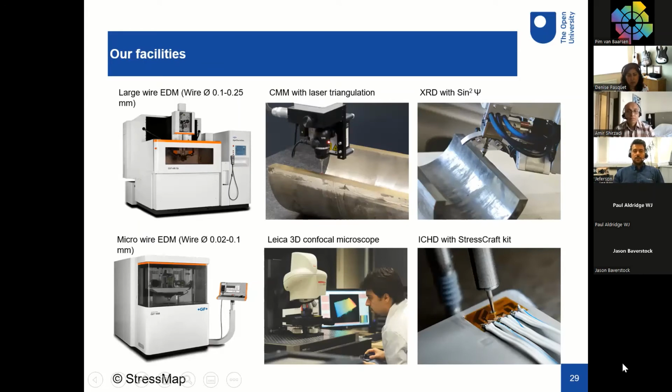And we have a CMM to measure the cut surfaces. We also have XRD measurement capabilities in-house, with 2 different XRD diffractometers. And we also have a micro EDM machine to measure very small samples, like the 3 millimeter diameter rod that I showed in the slide before.